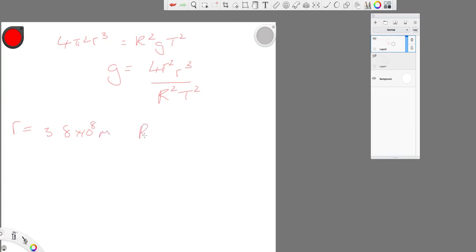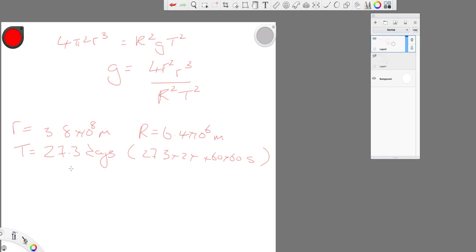We have the radius of the Earth, 6.4 times 10 to the 6 meters. We have the period of orbit of the moon, 27.3 days. So that, of course, is 27.3 times 24 times 60 times 60 seconds.